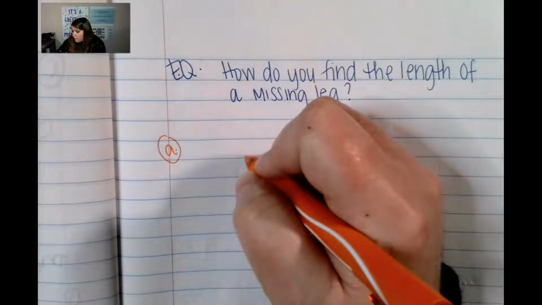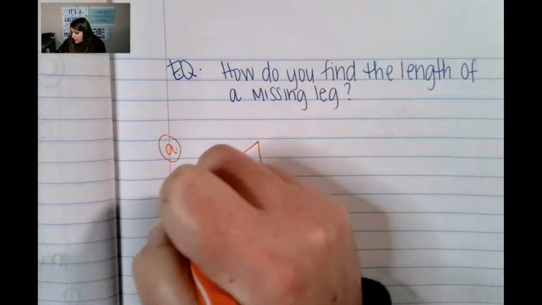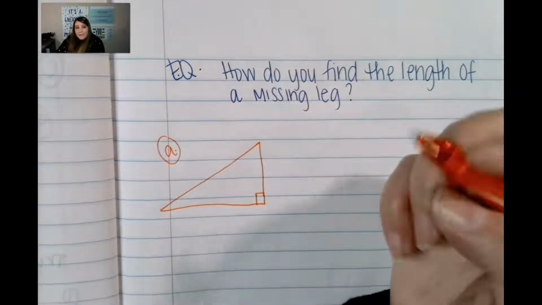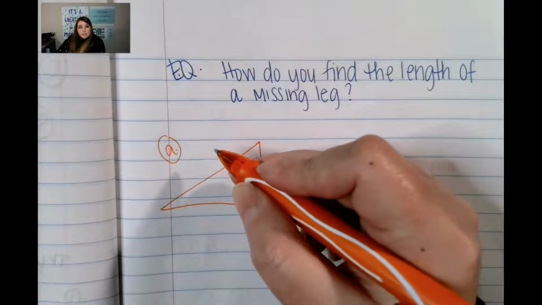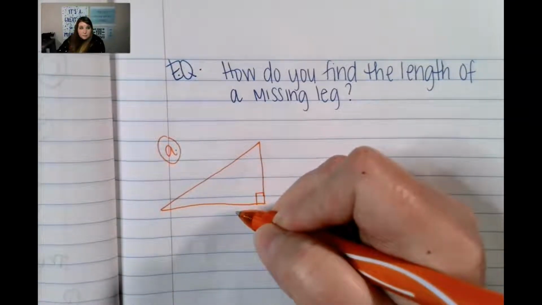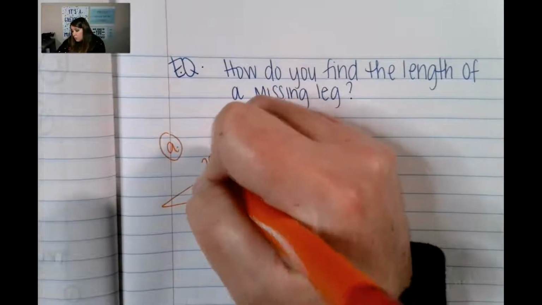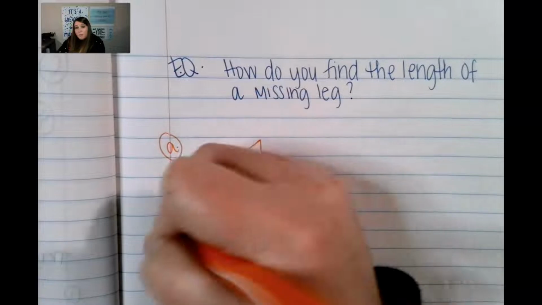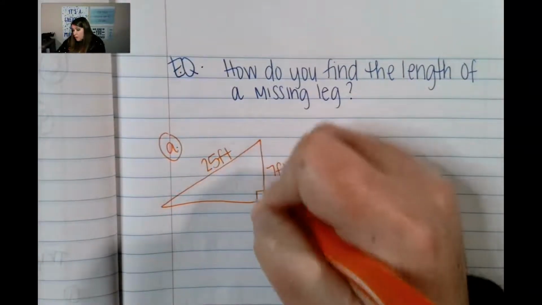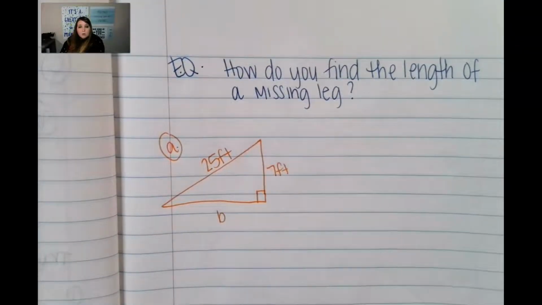So we're going to have a right triangle like we did in our last lesson, and instead of looking for C, we're going to either be looking for A or B on the bottom. So in this first example, I have 25 feet for the hypotenuse, and I have 7 feet for length A. And what's missing is the bottom or length B.